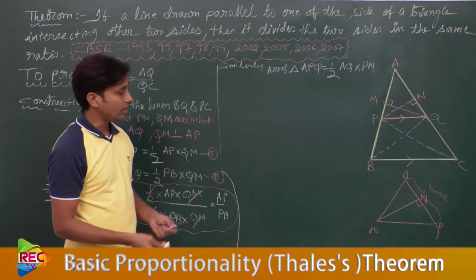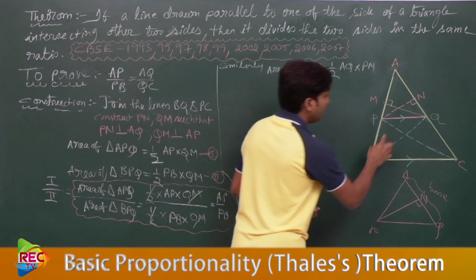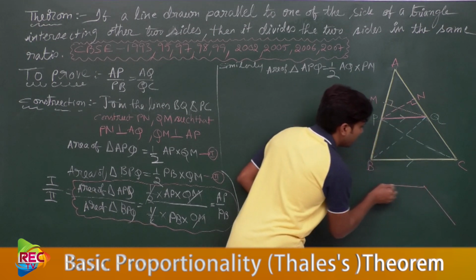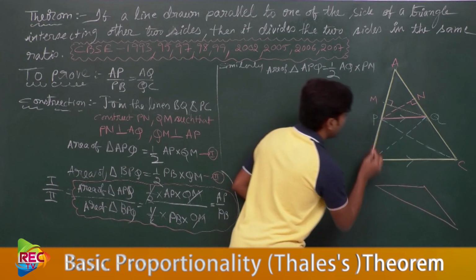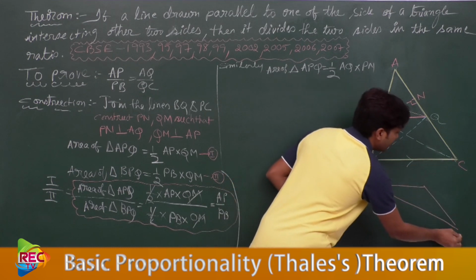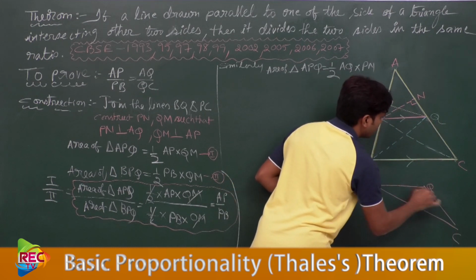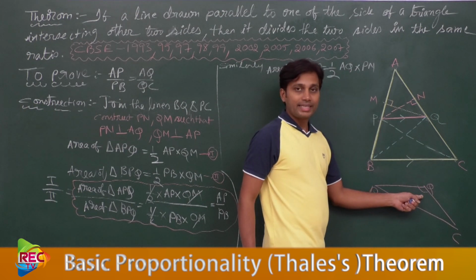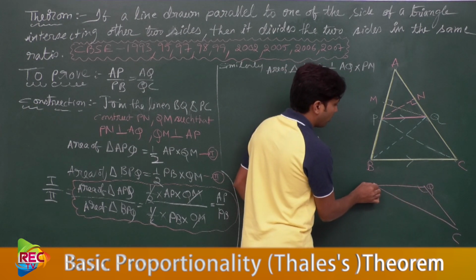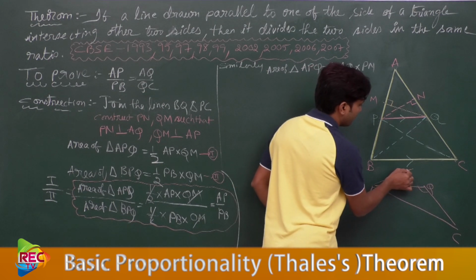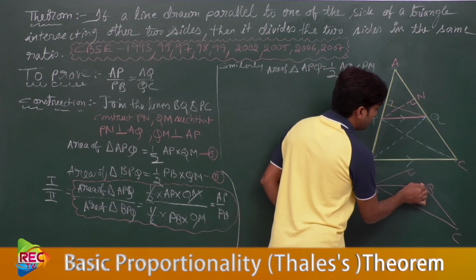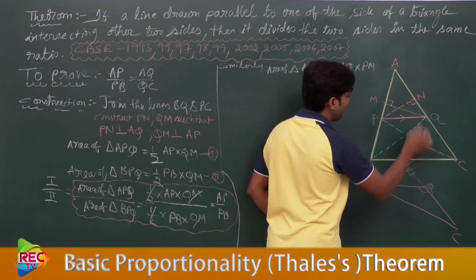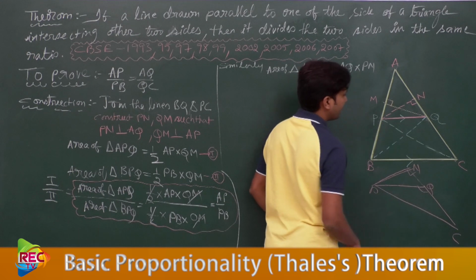Right. Now again consider triangle CPQ. Let this be P, let this be C, and this is Q. As this is again an obtuse angle triangle, the height will fall outside. The altitude will be outside of the triangle. And is this height again representing PN, or not? Exactly.